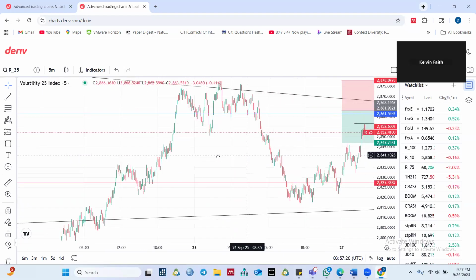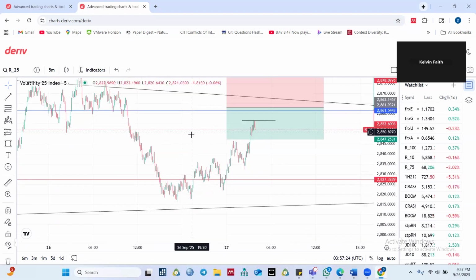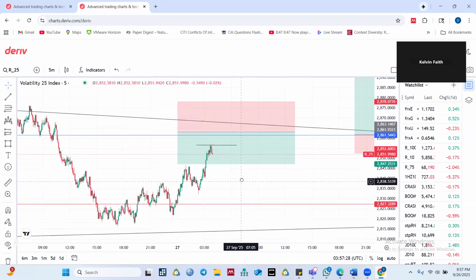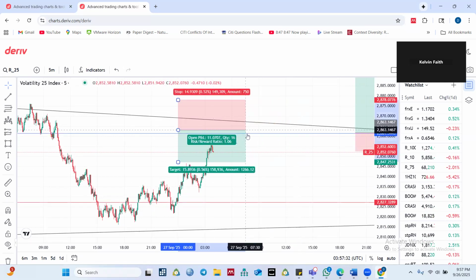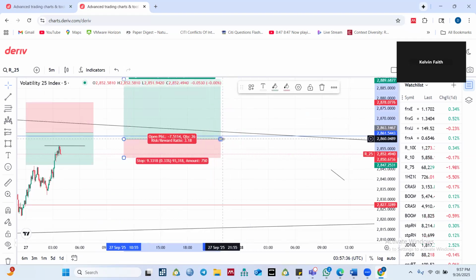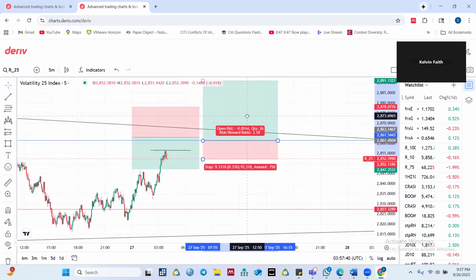So still wait and see what is going on, because this is a bullish momentum. We have to be very careful to allow price action to dictate what we should do.